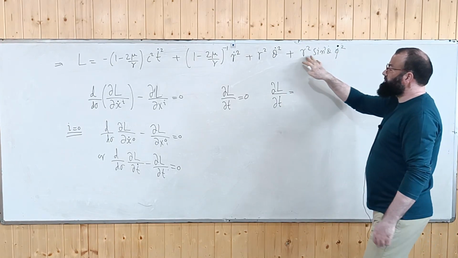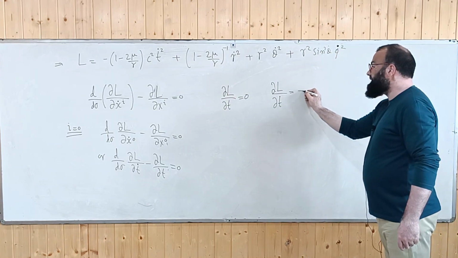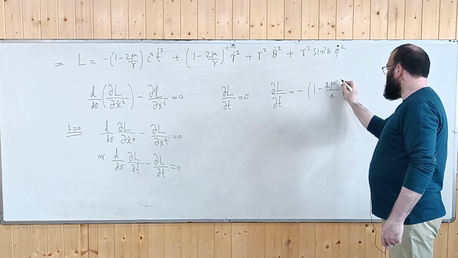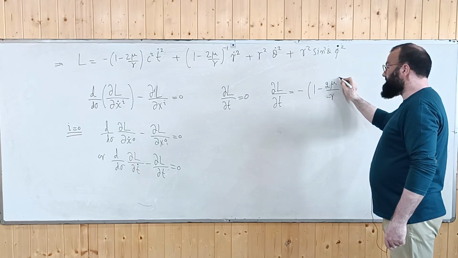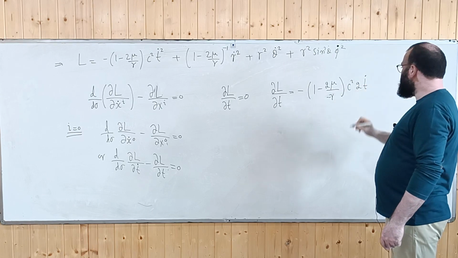Tell me. These other terms do not depend on t dot, only this one depends on t dot. So what is that equal to? Minus (1 minus twice mu by r). So let's write it this way: it is c squared twice t dot.